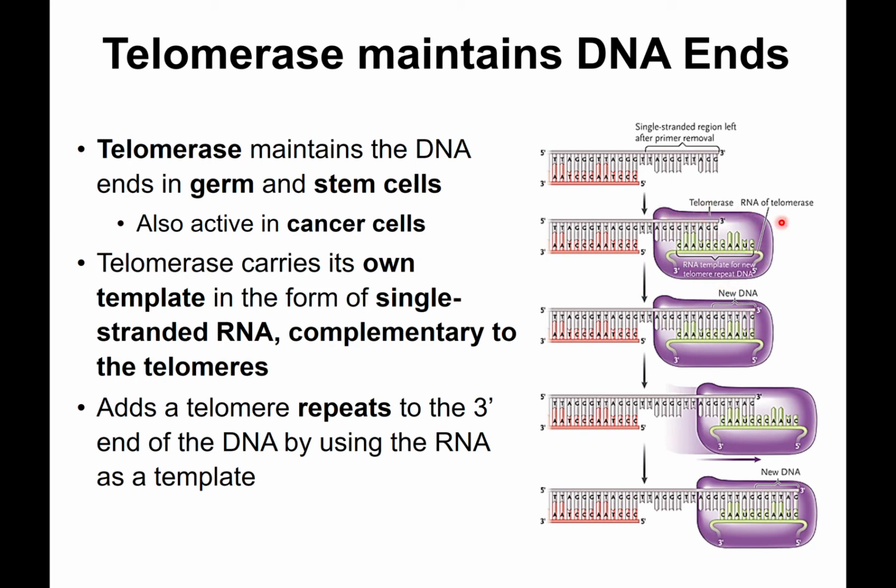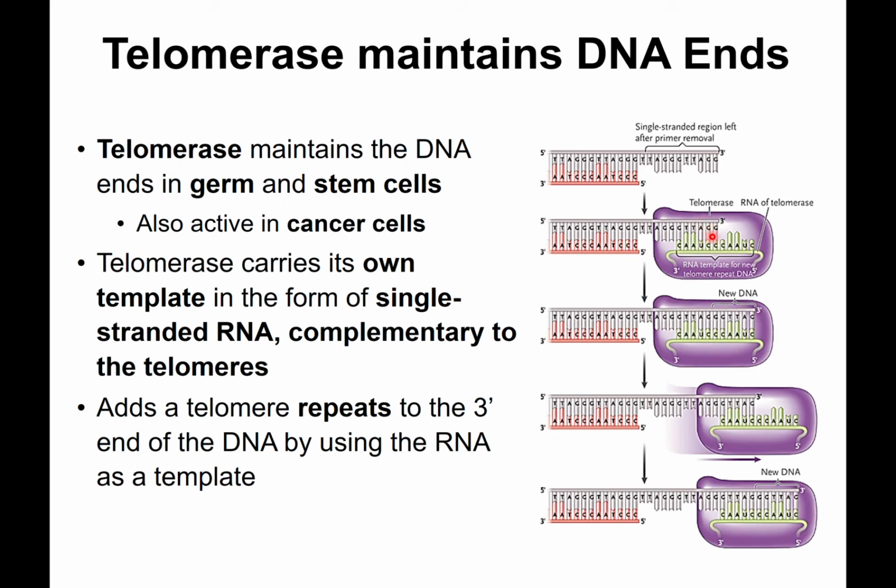This enzyme, telomerase, has within its active site this RNA template, which is, not surprisingly, complementary to these repeats that make up the telomeres. Being complementary, these RNA strands can actually form a double helix with the extension of the chromosome here.